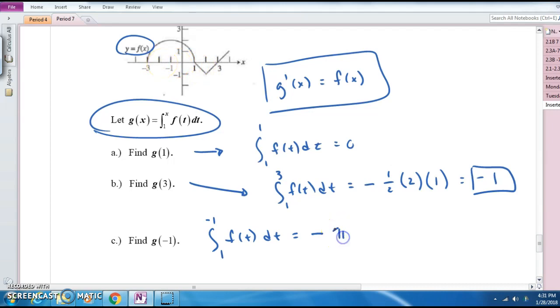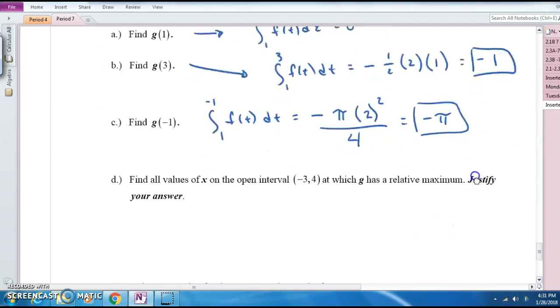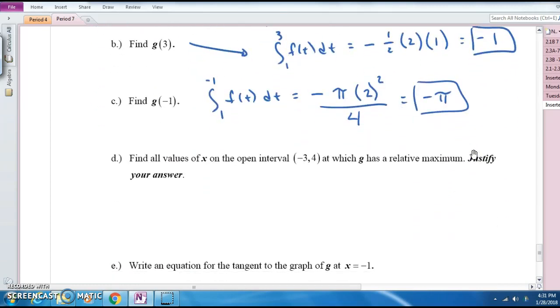And that would be pi times 2 squared divided by 4, which would be negative pi. Hopefully that'll help you get through tonight's homework.